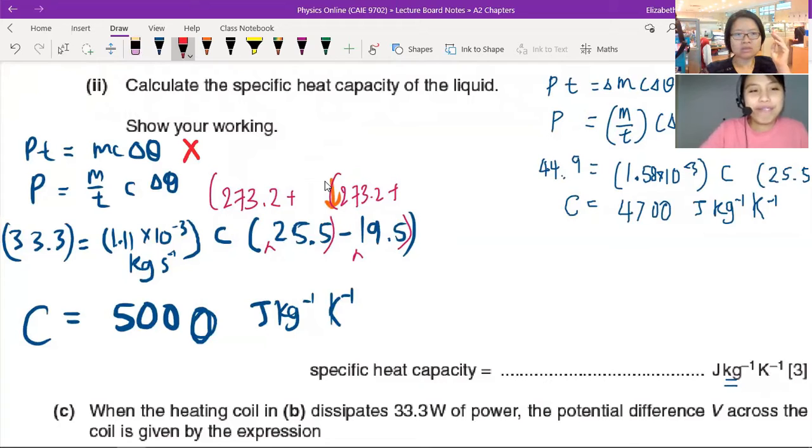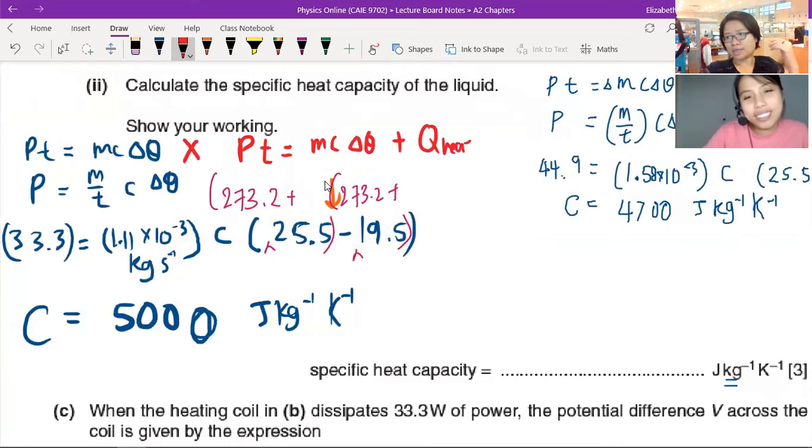So it will be MC delta theta plus heat loss to surrounding. Oops, P, where's my t? So coming in is power from heater. Then some energy goes to the water, the liquid. But then also... I think this one we put Q loss lah. Q loss, or QL.